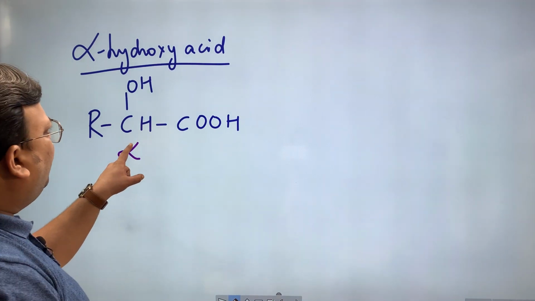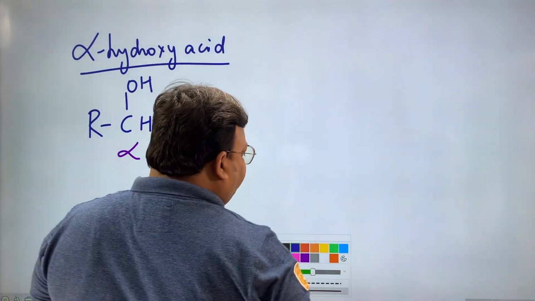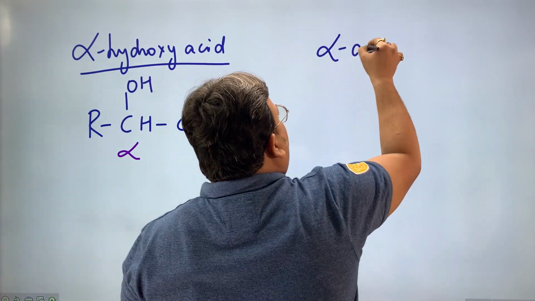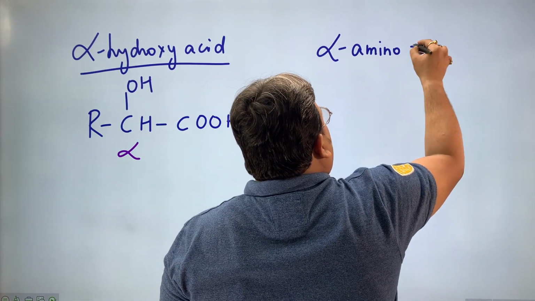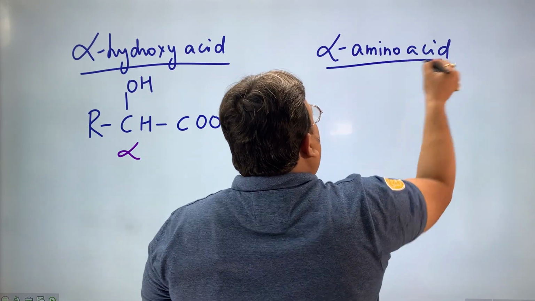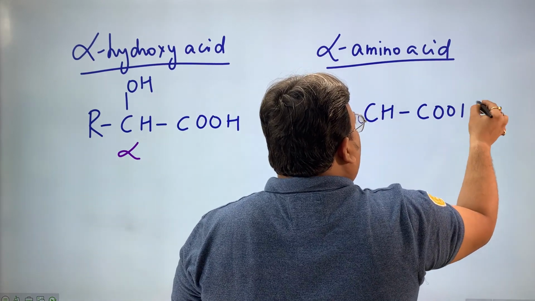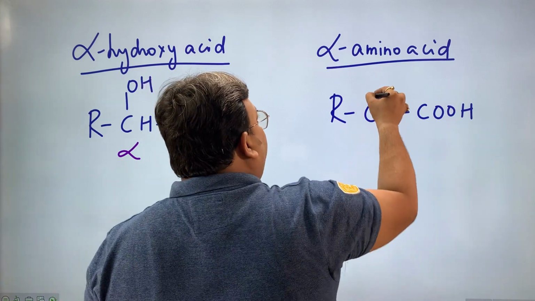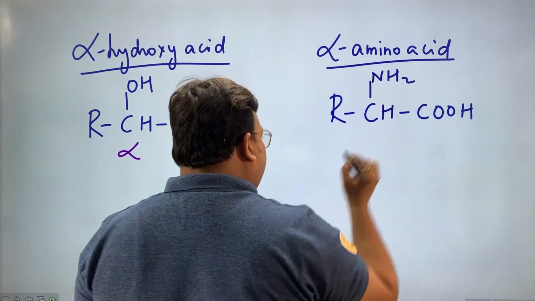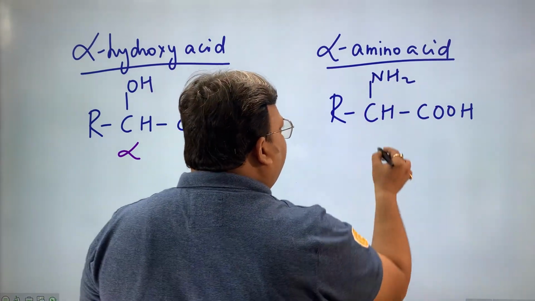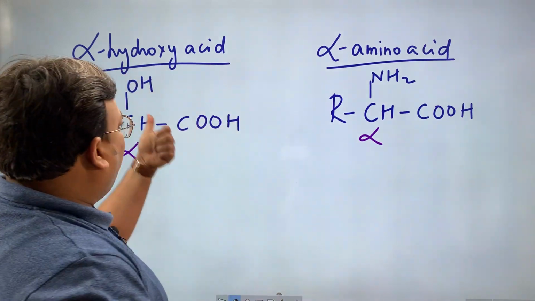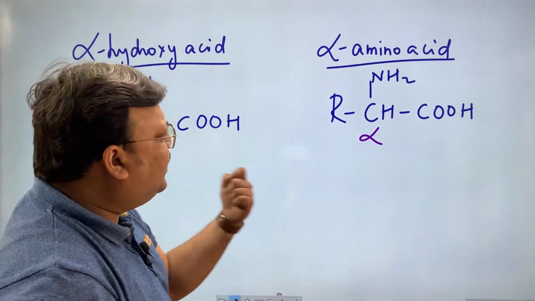So this is alpha hydroxy acid. Similarly, alpha amino acid is represented by RCHCOOH, and at alpha position you will have a NH2 group. So this is the general representation of an alpha hydroxy acid or an alpha amino acid.